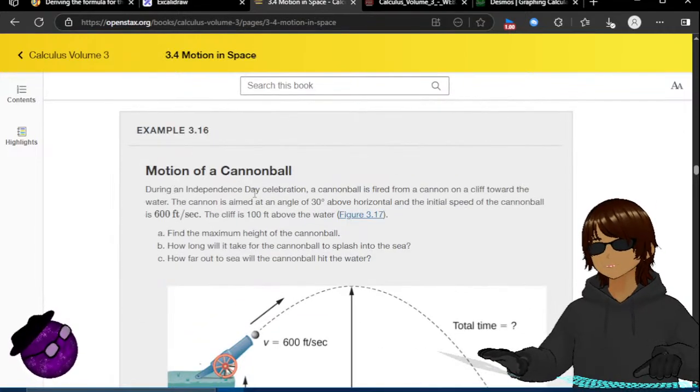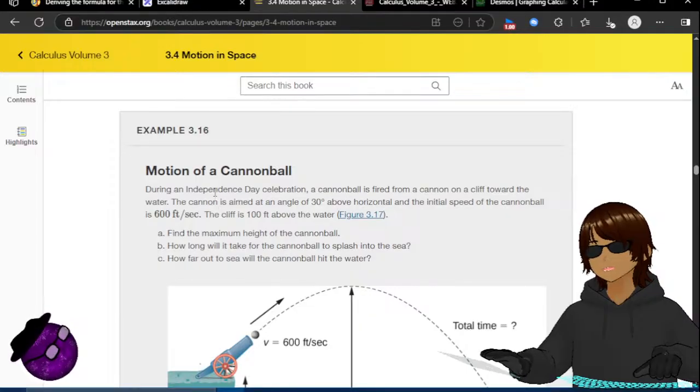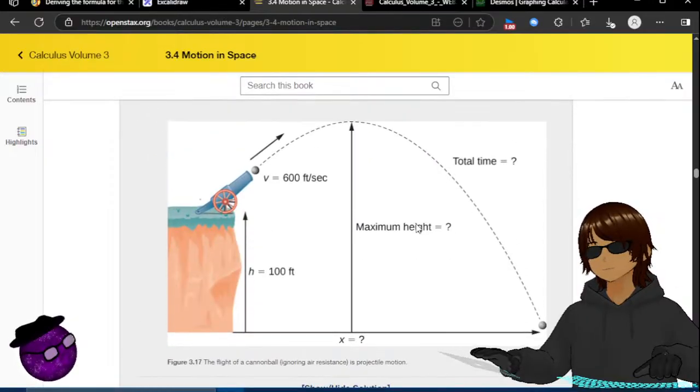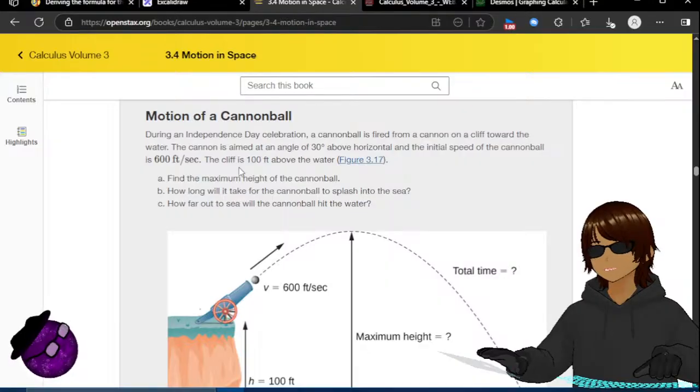During an Independence Day celebration, a cannonball is fired from a cannon on a cliff toward the water. The cannon is aimed at an angle of 30 degrees above the horizontal, and the initial speed of the cannonball is 600 feet per second. The cliff is 100 feet above the water. Find the maximum height of the cannonball.